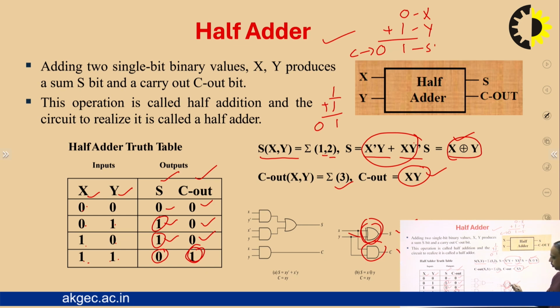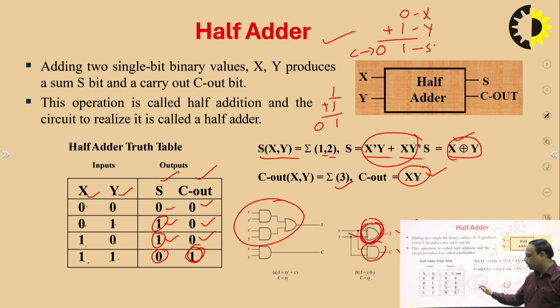If we want to replace this XOR gate with the basic combination, we have x y bar and x bar y, combined by an OR, and then we have the sum and carry terms over here. In this way the addition of 2-bit numbers is performed by the half adder.